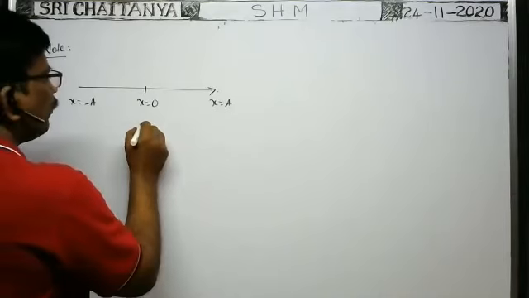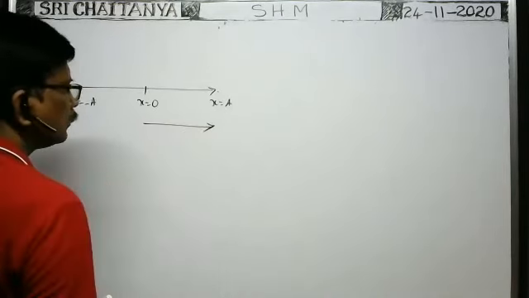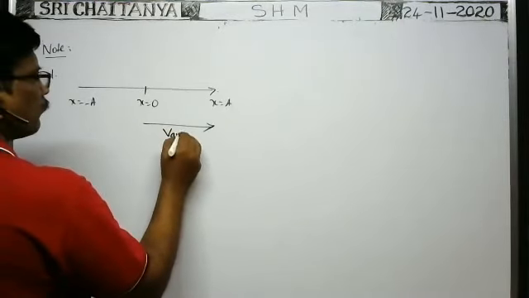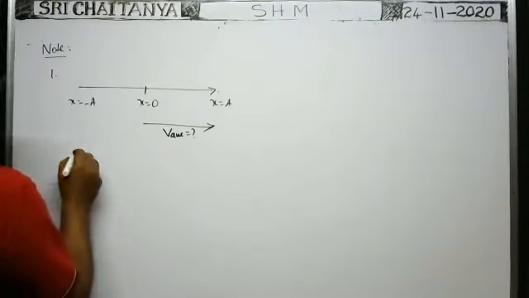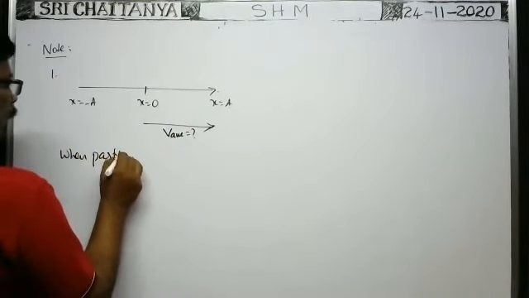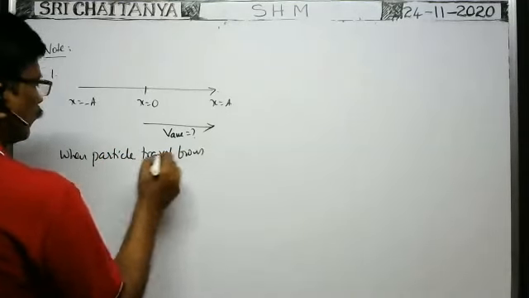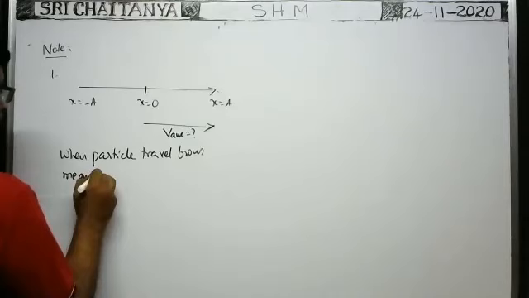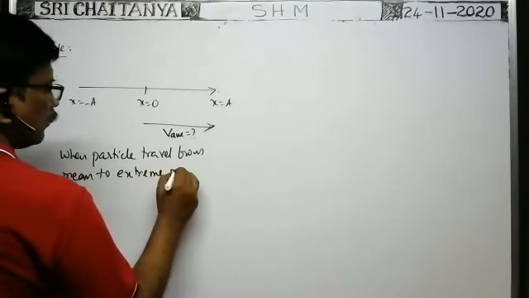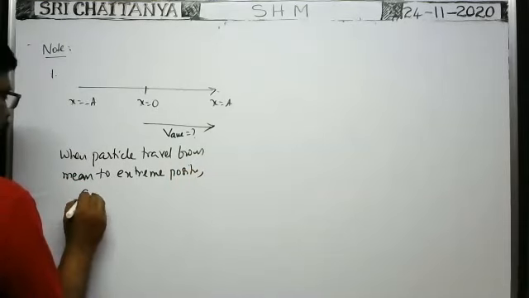Whenever the particle travels from mean to extreme position, what is the average velocity?